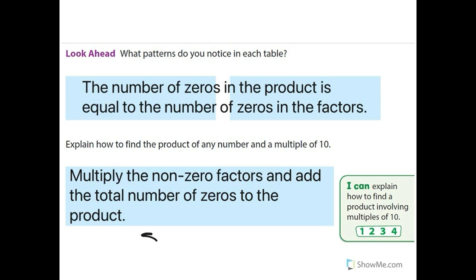If I took 80 times 10, I would do 8 times 1, which is 8, and then add the total number of zeros to the product. That's how I would do it. They're going to say it a little different way and show it in a little different way in their key concept, but it's the same thing, just saying it differently.